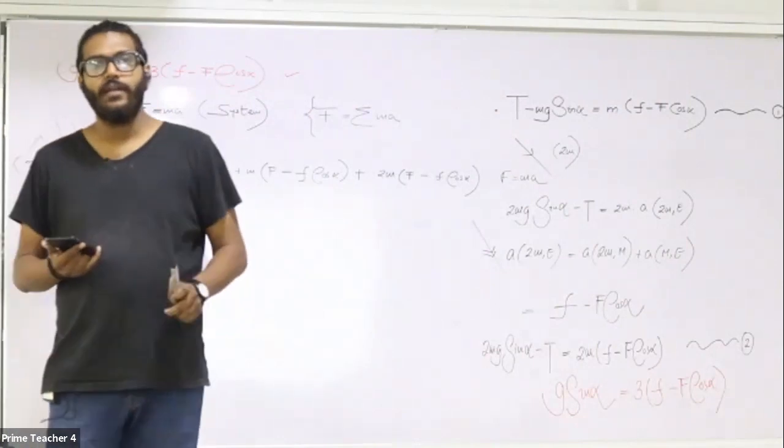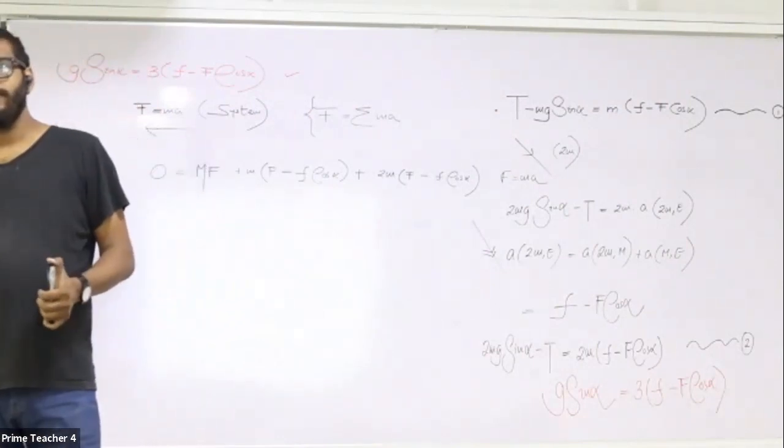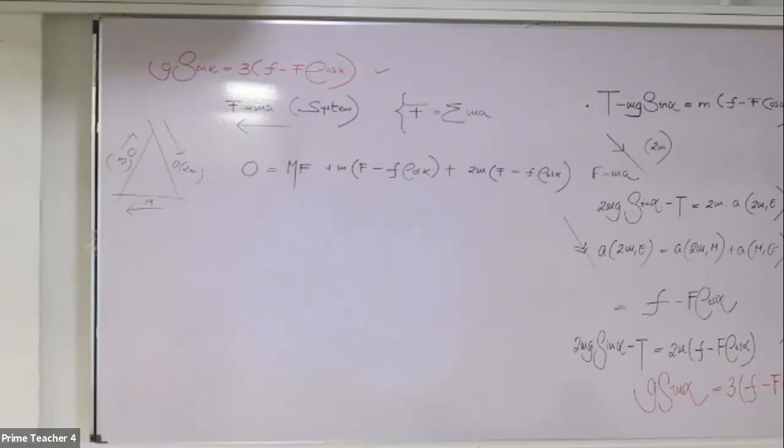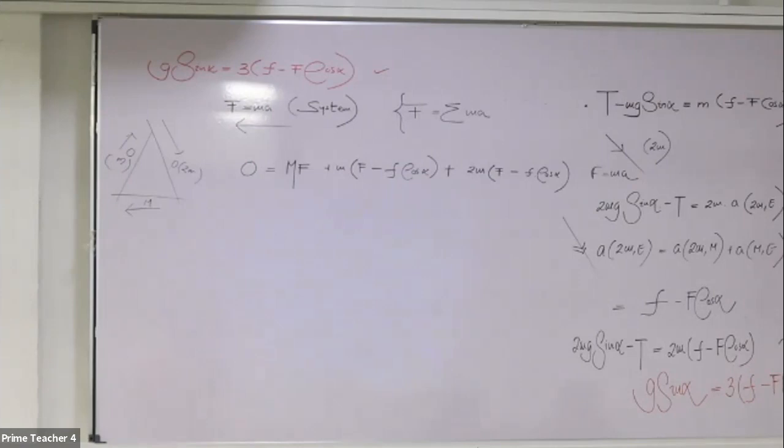Okay, so what people are telling is the whiteboard is not clear. So raise your hands if you have got the same equation after applying F equals ma for the whole system. You can see this is going to be the second equation that consists of simple F and capital F. There will be mf plus 3m times f minus f cos alpha.